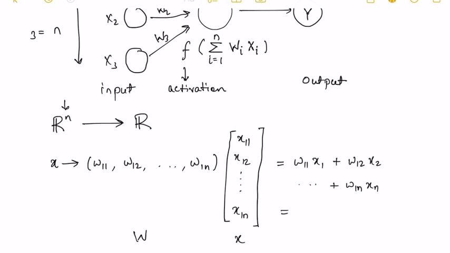And this can be represented as w times x plus b, which is on the real line, and this x is an element of R^n, right?